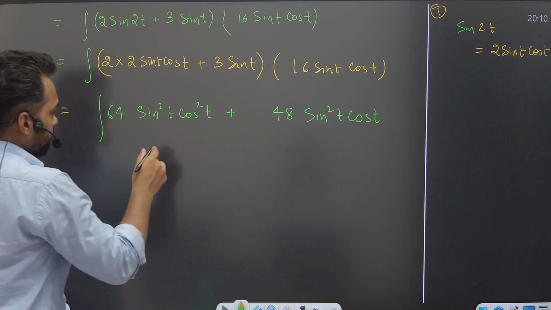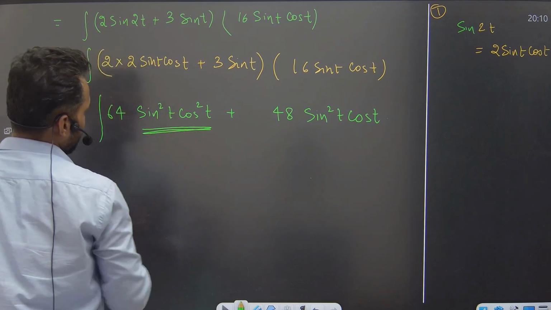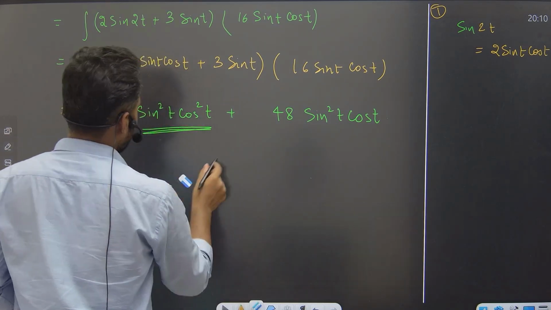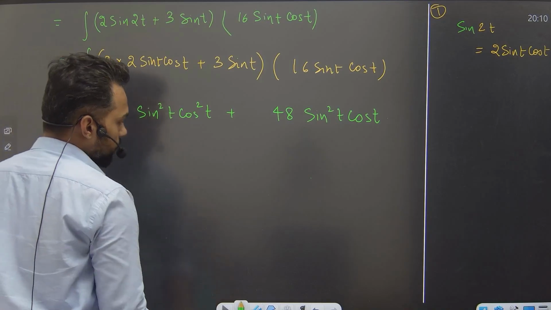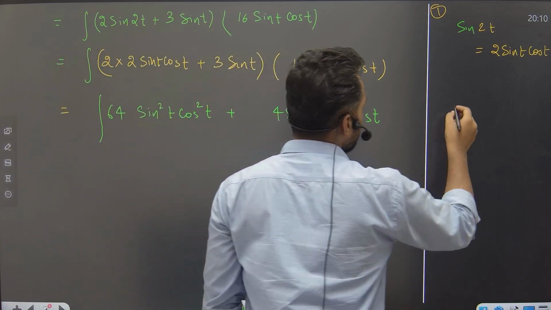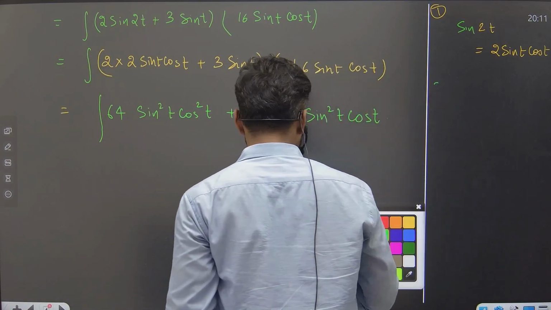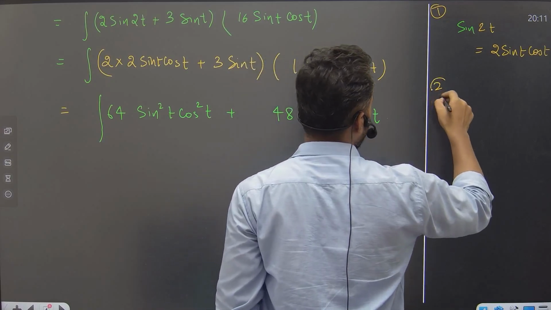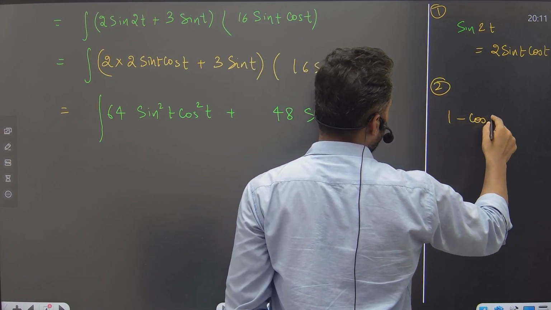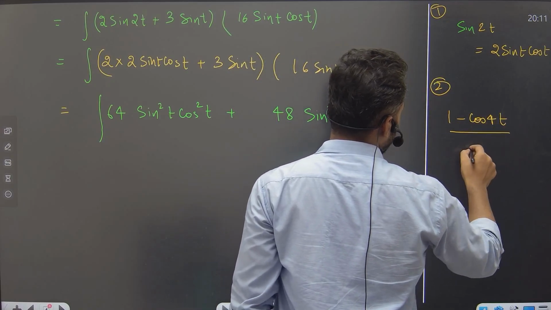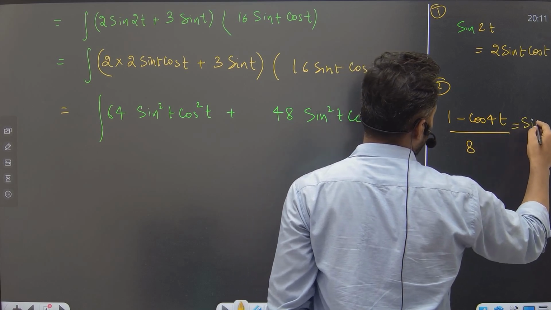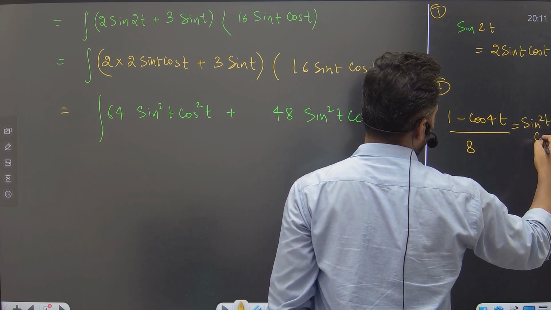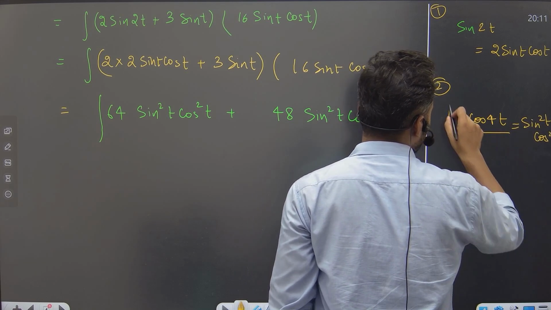Now see, what is this? This is sin squared t cos squared t. So the second formula will be applied here, students. That is, 1 minus cos 4t by 8 is equal to sin squared t cos squared t. This is also one of the formulas.